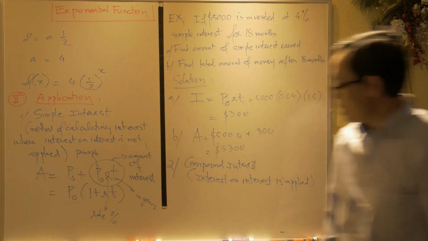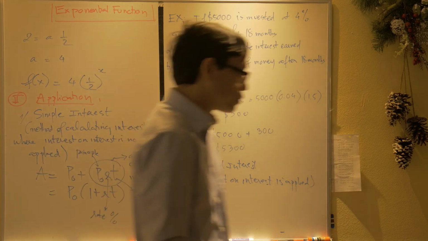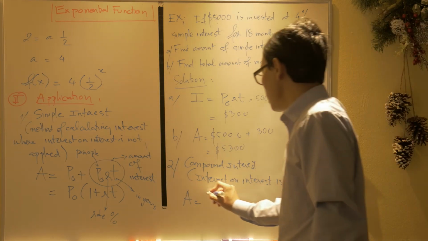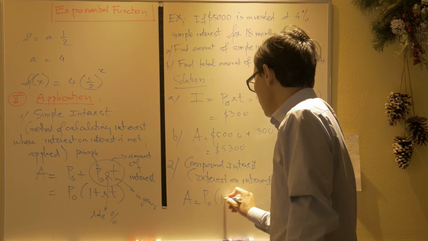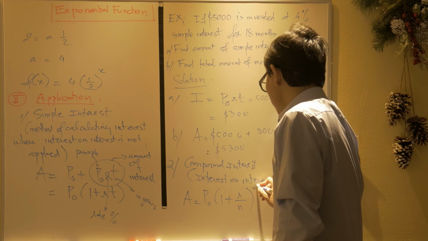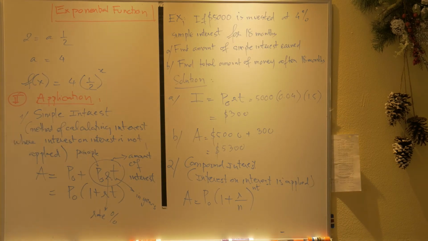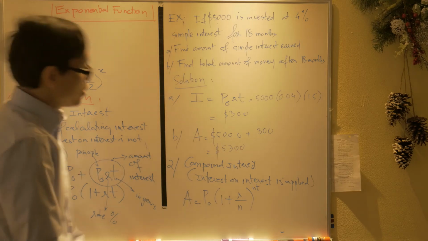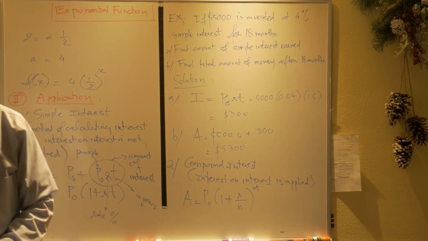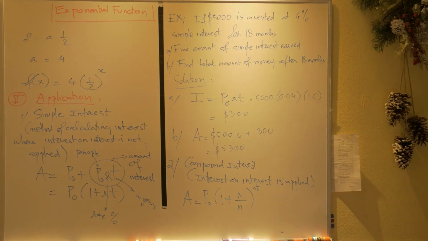The formula we use for compound interest is A equal to P times 1 plus R over N, raised to the power NT. T is the same thing, it represents years. R represents the interest rate as a percent, and N represents the number of compounding periods.